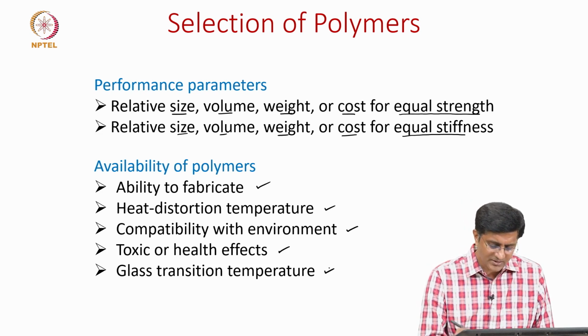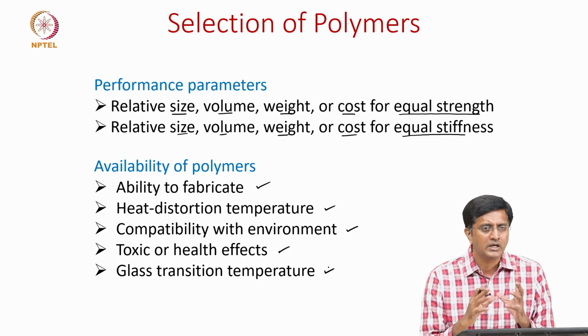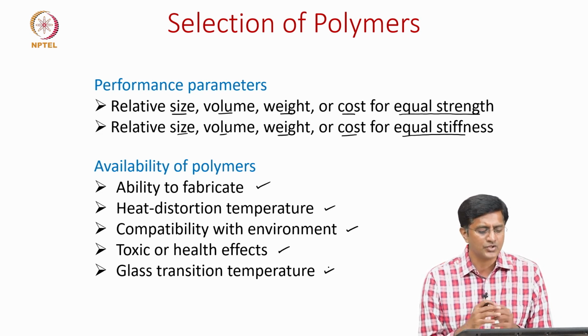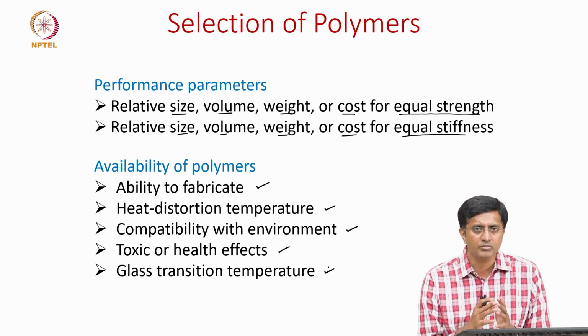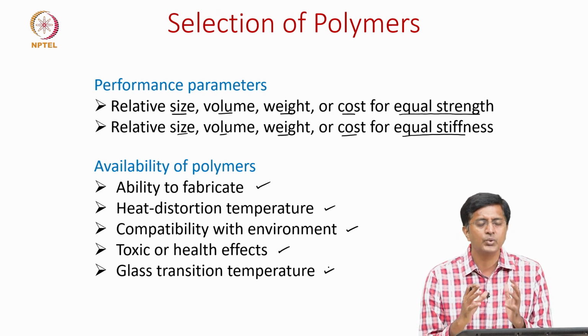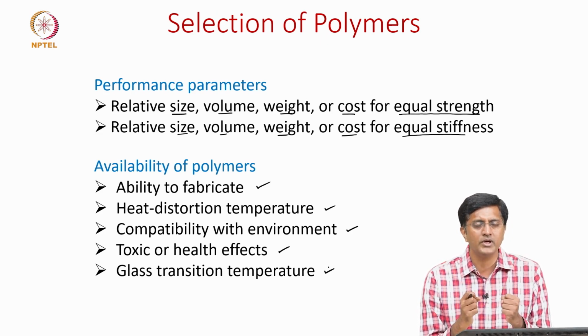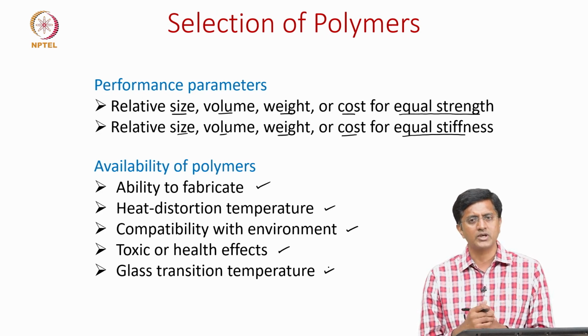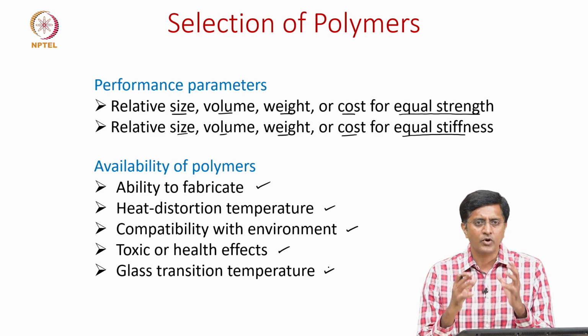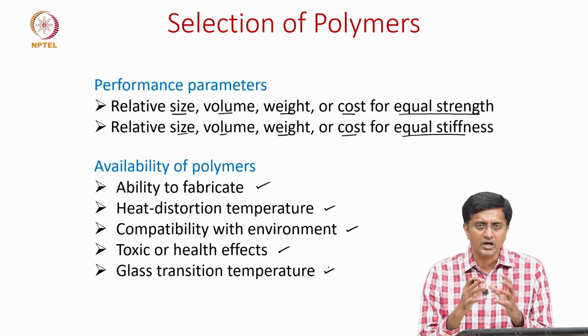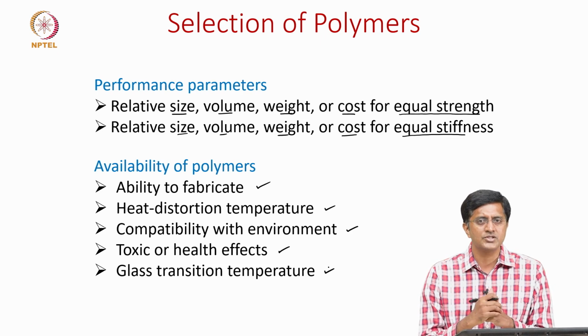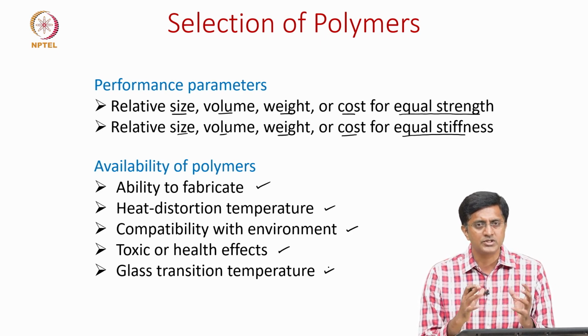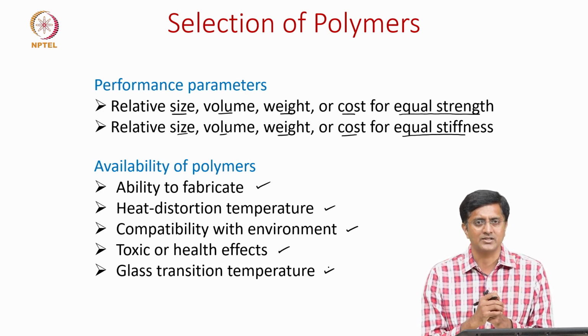And of course, the glass transition temperature, as we have discussed at length in this course, is a very important criterion, because that helps to give a sense of how the polymer behaves with changes in the temperature. For example, we have already seen this multiple times, that if your operating temperatures are well below the glass transition temperature, the material is hard and it is in a glassy state.